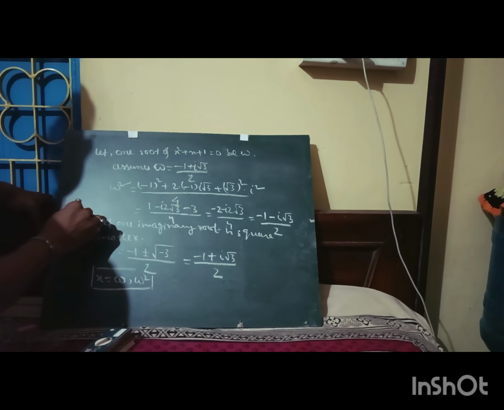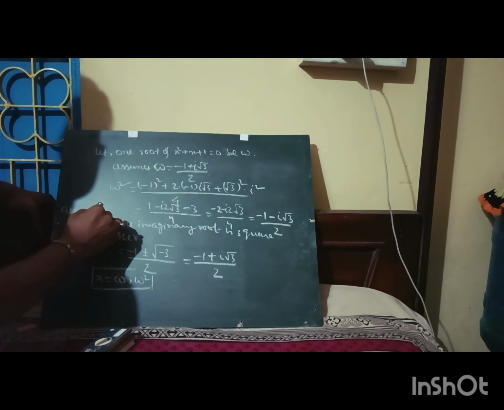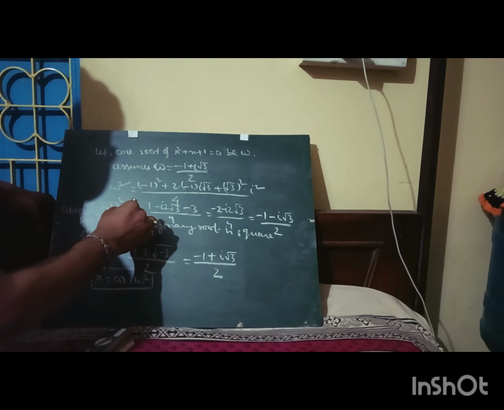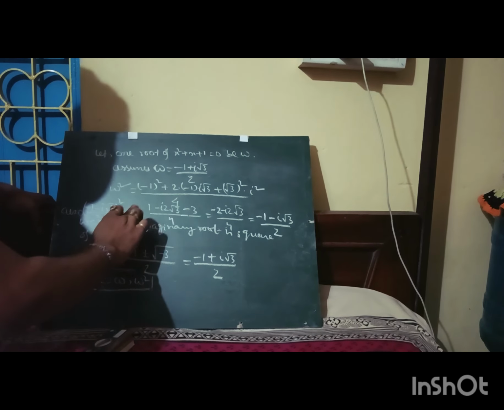Also, minus 1 minus i root 3 by 2, its square will be omega.